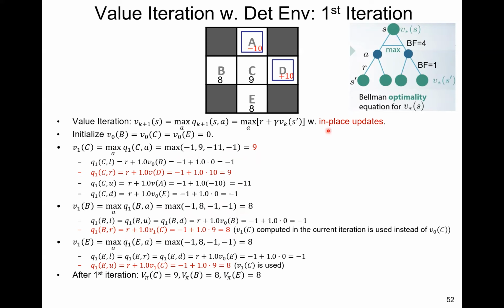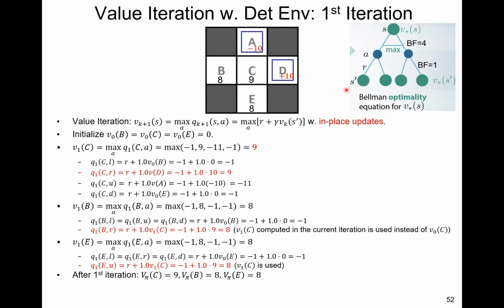Notice we have in-place updates, which means that when computing Q1BR, you need V1C. If you're not using in-place updates, you should use the previous iteration's V0C, which is 0. So you get -1 plus 0, which is -1, and then in the next iteration, you will get 8.